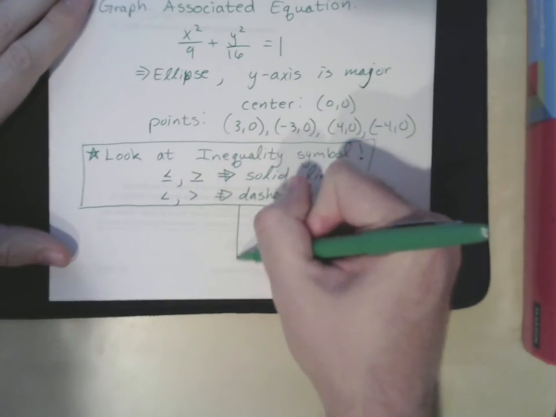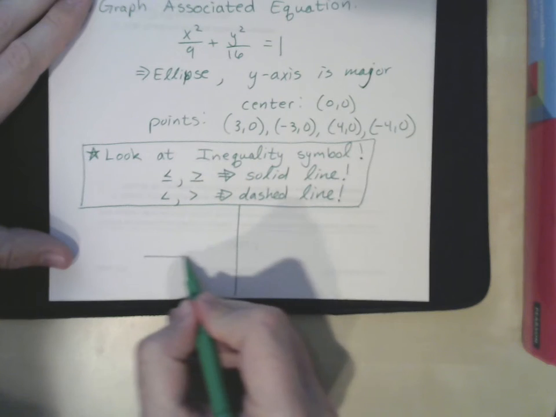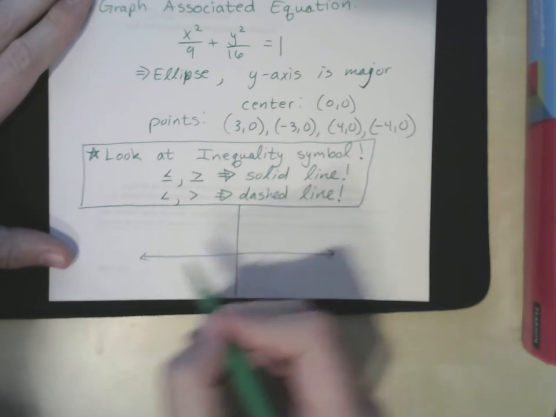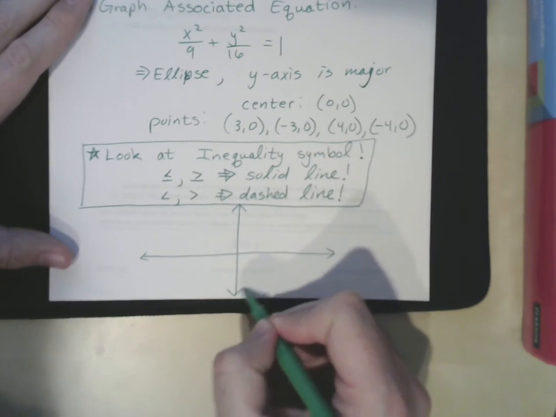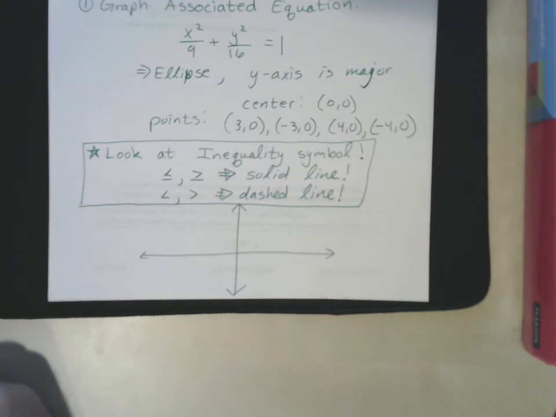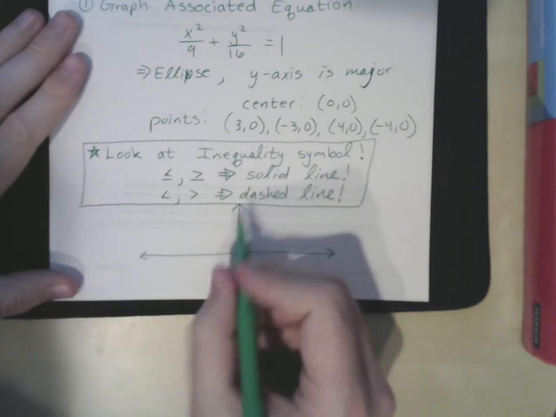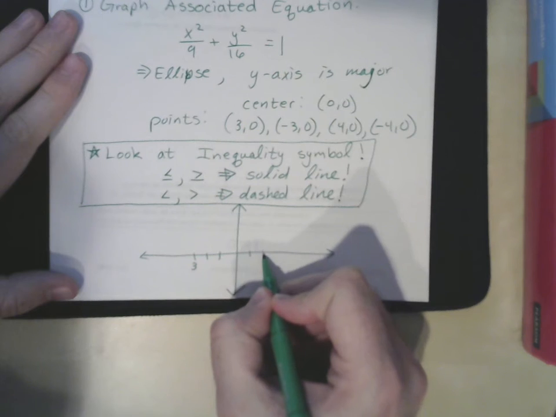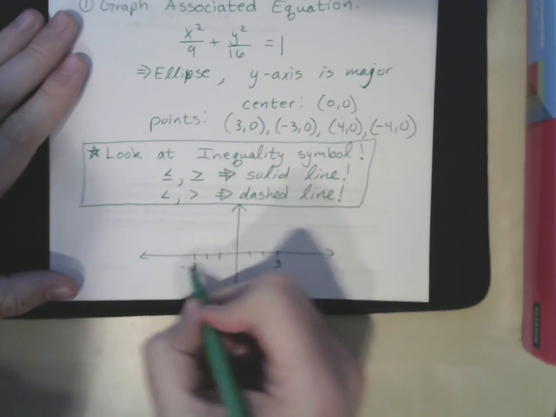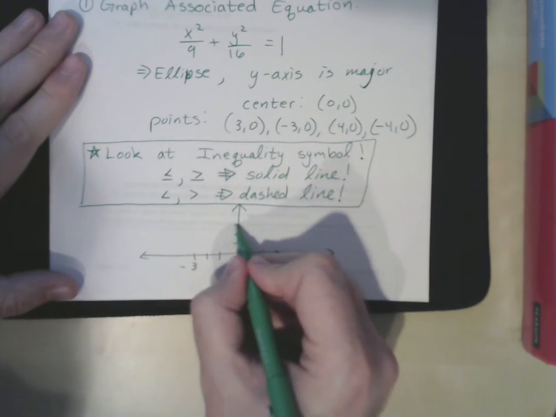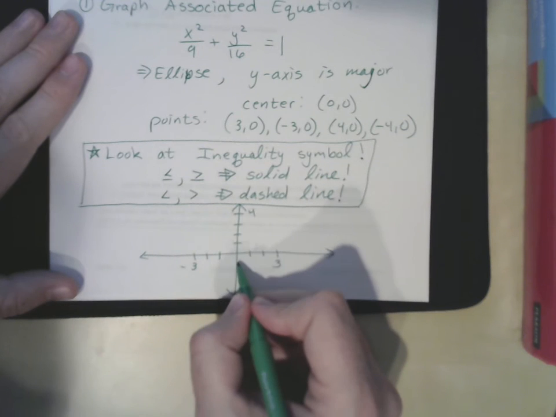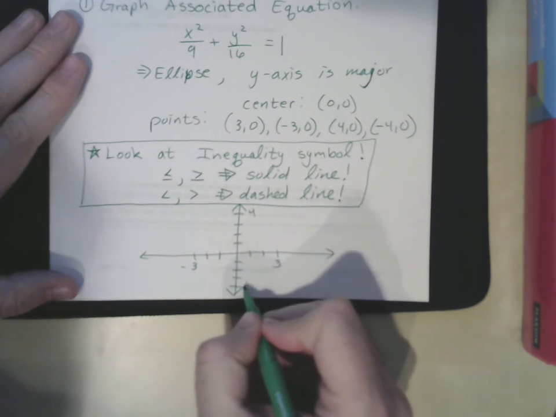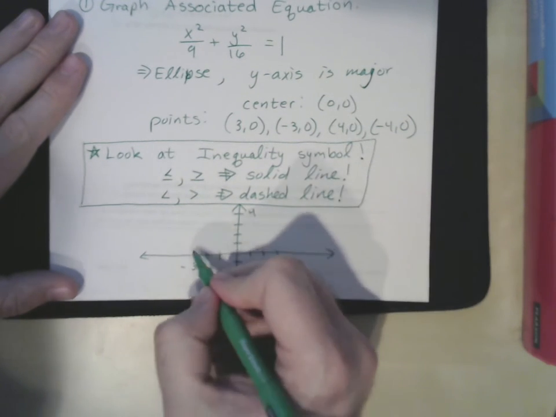So now when I go to sketch my graph, here's the thing about these inequalities, is they don't need to be perfect because what we're looking at is their inequality, so we're going to be shading a region. So I know I need to go 1, 2, 3, 1, 2, 3, this is negative, 1, 2, 3, 4, 1, 2, 3, 4, negative 4.